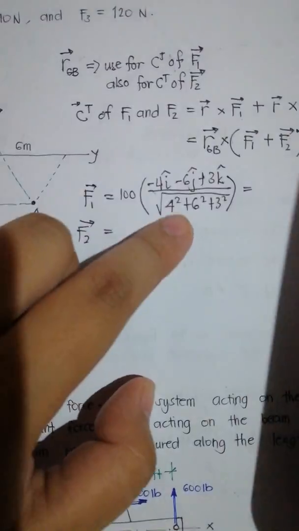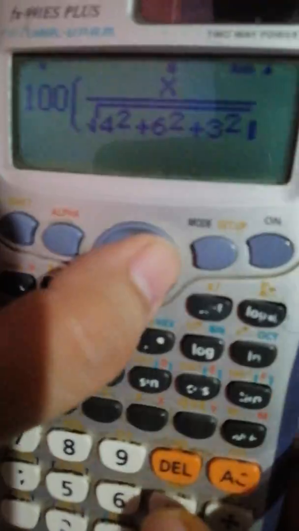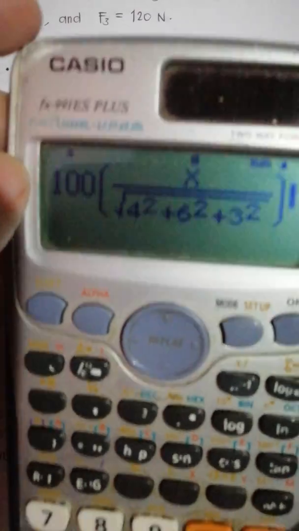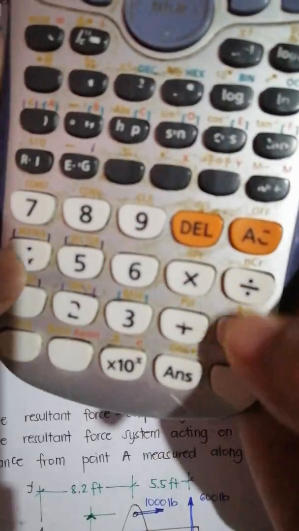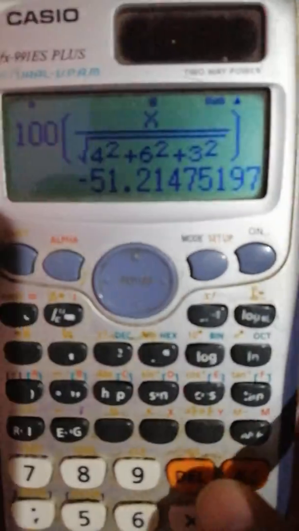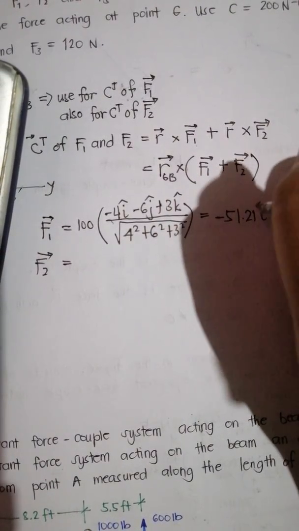We have the square root of 4 squared, 6 squared, 3 squared. So we'll start off with negative 4. What's the value of x here? We have negative 51.21 i hat.